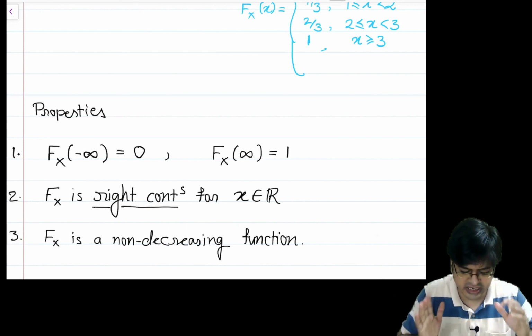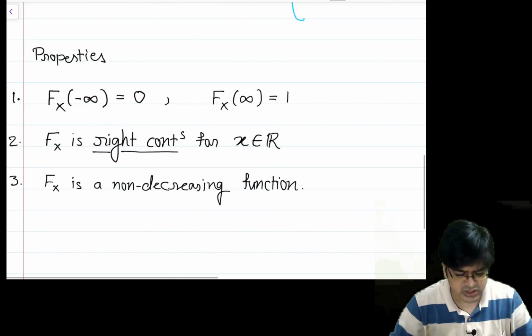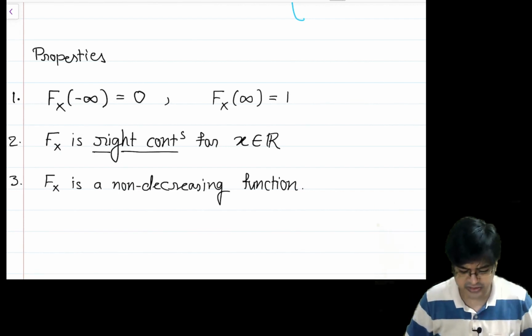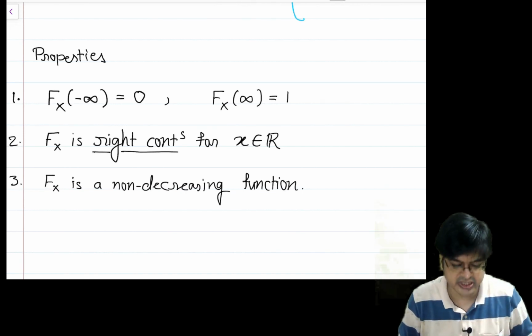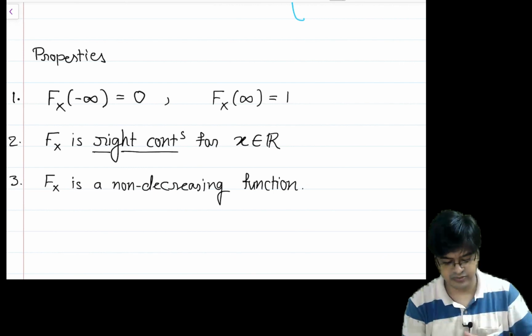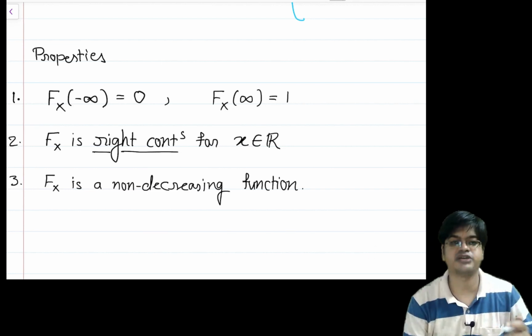This theorem is actually used in many contexts for studying simulation of random variables. That is not part of this subject, but as a side remark, you remember this: if any function satisfies these properties, then there must exist a random variable which has CDF, cumulative distribution function, given by F_X.